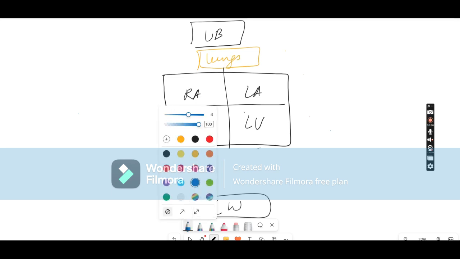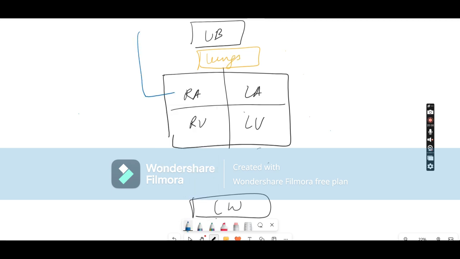Now let us draw the blood vessels. We have the vena cava bringing the deoxygenated blood from the upper body and the lower body, and then we have the blood moving from the right atrium to the right ventricle. Now, this is due to the contraction of the atrium.